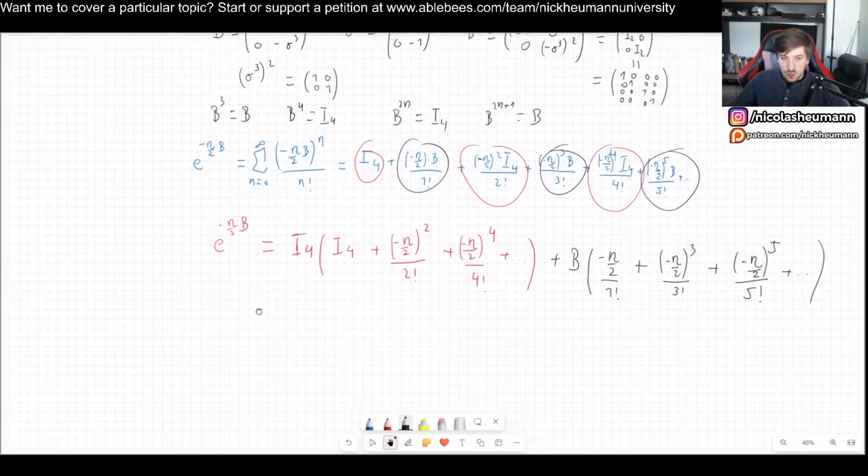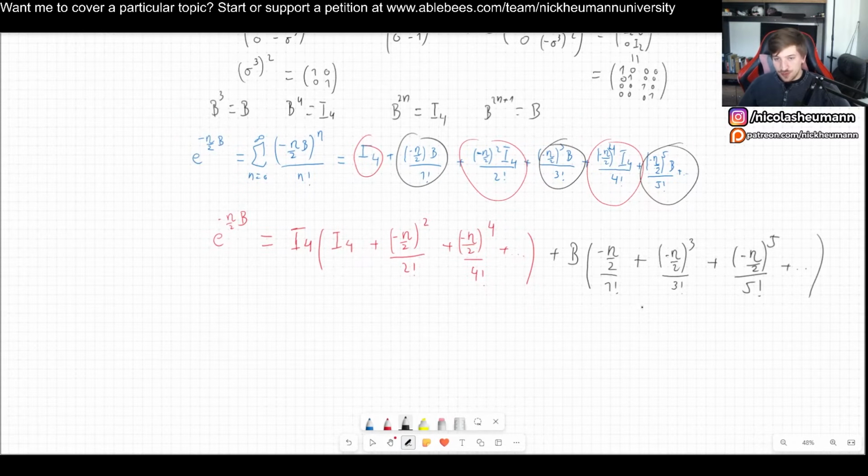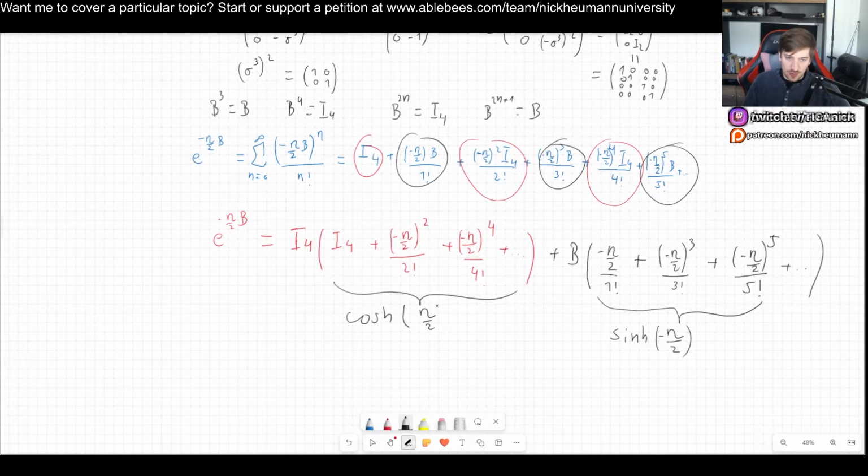So basically, what we are seeing is that just like before, this thing here is looking an awful lot like the hyperbolic sine of eta over 2 with a minus sign. And this is looking like the hyperbolic cosine of eta over 2 with a minus sign.